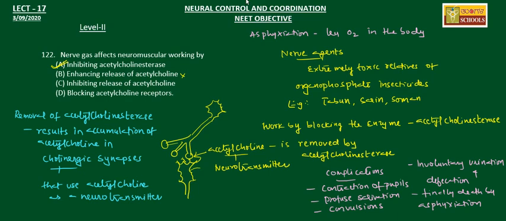Inhibiting release, not. And blocking acetylcholine receptors: we have discussed earlier that the acetylcholine receptors are present on the postsynaptic neuron, and nowhere have I mentioned blocking the acetylcholine receptor, so this is also a wrong option. Only option A is right.